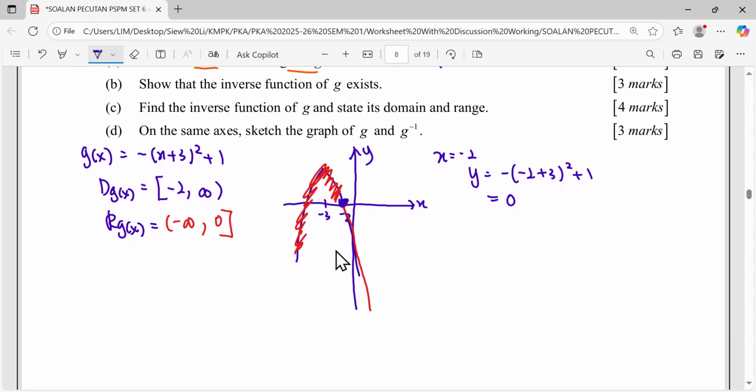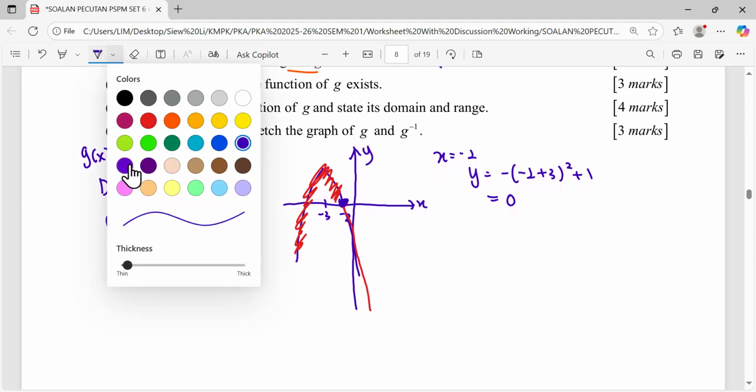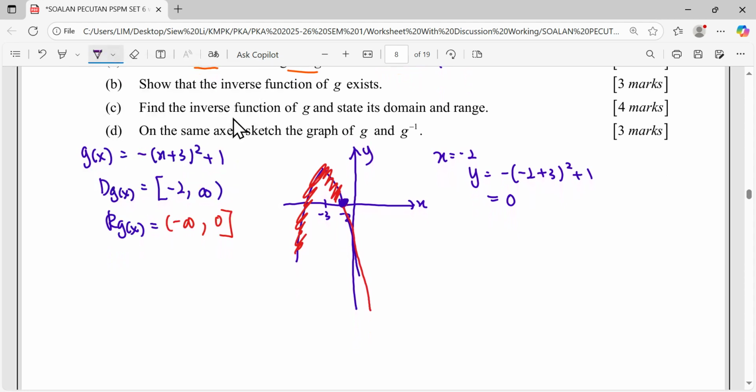Alright, then question B. Show that the inverse exists. Our function is cutted. Our function tinggal sekerat. So kita tak boleh guna algebraic method. Faham? Algebraic method untuk secara general saja.